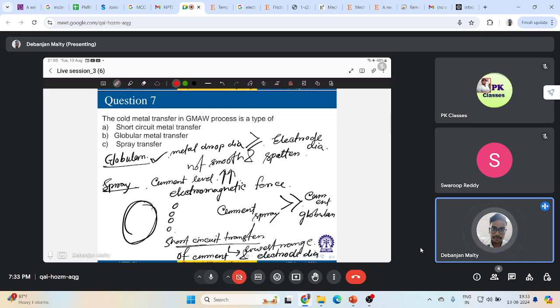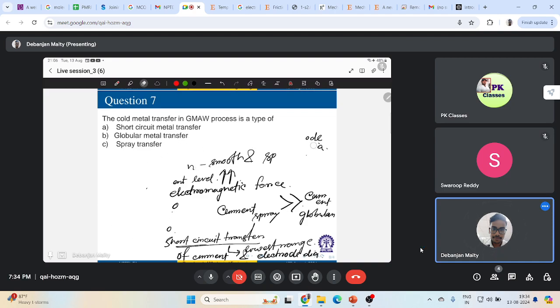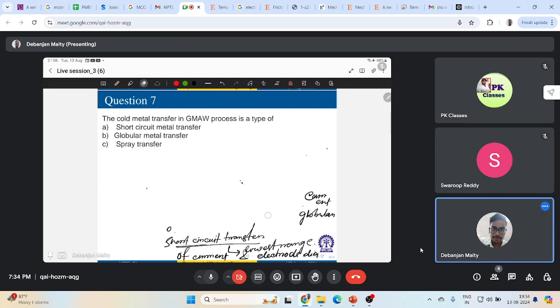Now in CMT welding, the welding wire is precisely controlled as it is fed into the weld pool, right? So basically over here, the wire will be alternately pushed and retracted. It will be something like this.